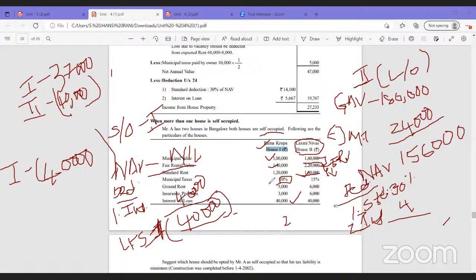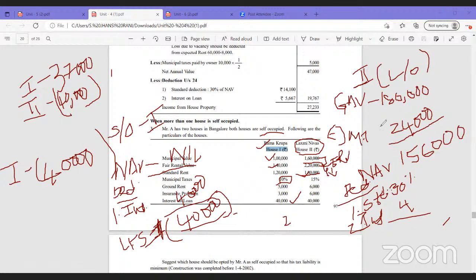You were saying, madam, actually second property is let out and first is self-occupied. Yes, sir. Standard deduction of 33,000 is given now. How to get 33,000? 1,08,000 into 30% is 32,400. I mean 1,08,000, is it? 1,20,000 minus 10,000, 1,10,000, no? It is 1,10,000, sir.